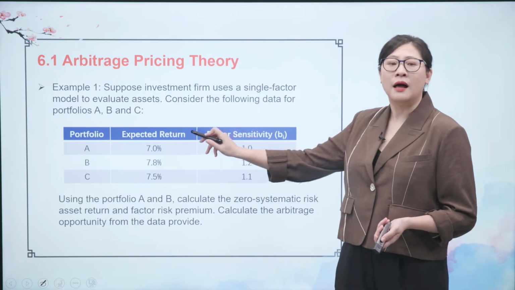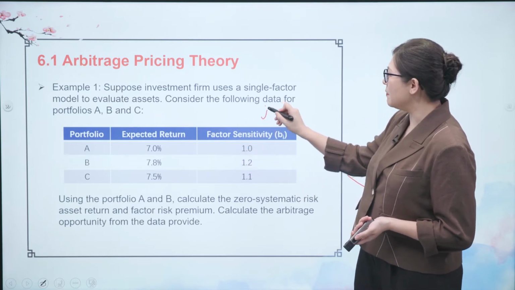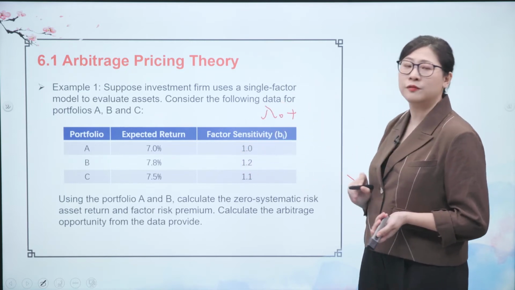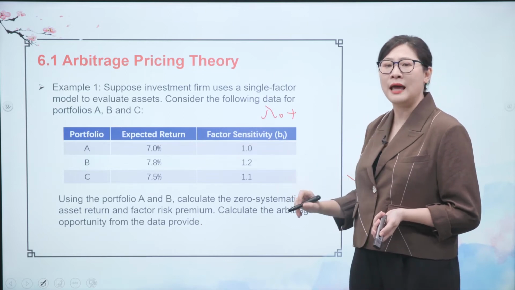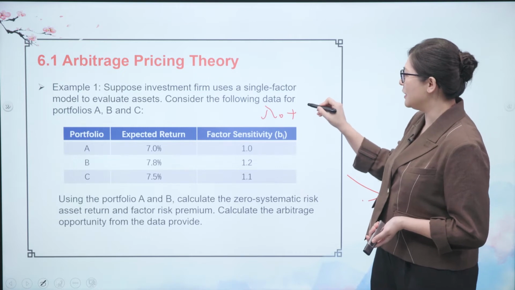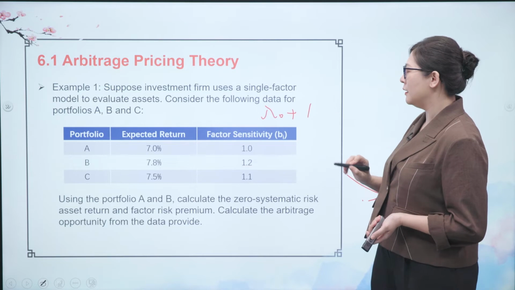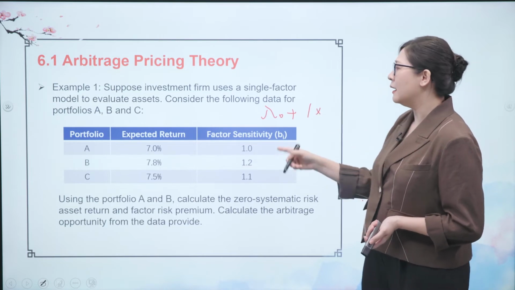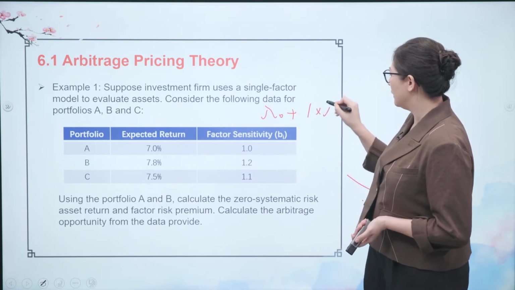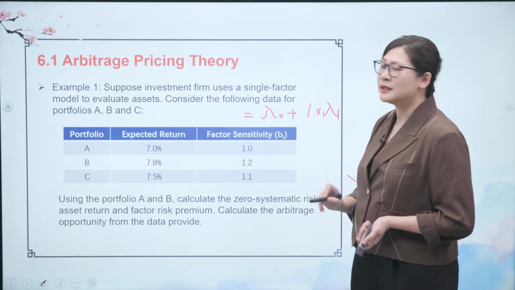Based on the A and B portfolios, we can find lambda 0. If you look at portfolio A, we have the beta, which is BI, multiplied by lambda 1, which should equal your expected return.